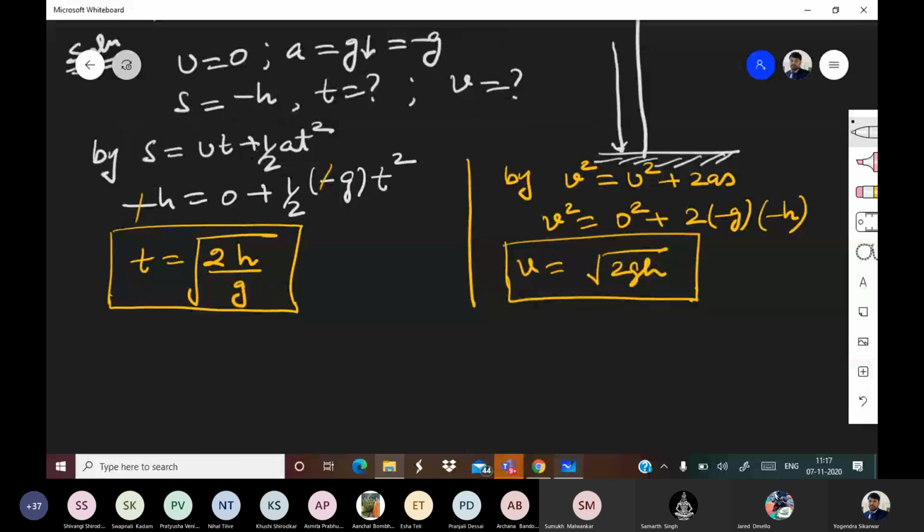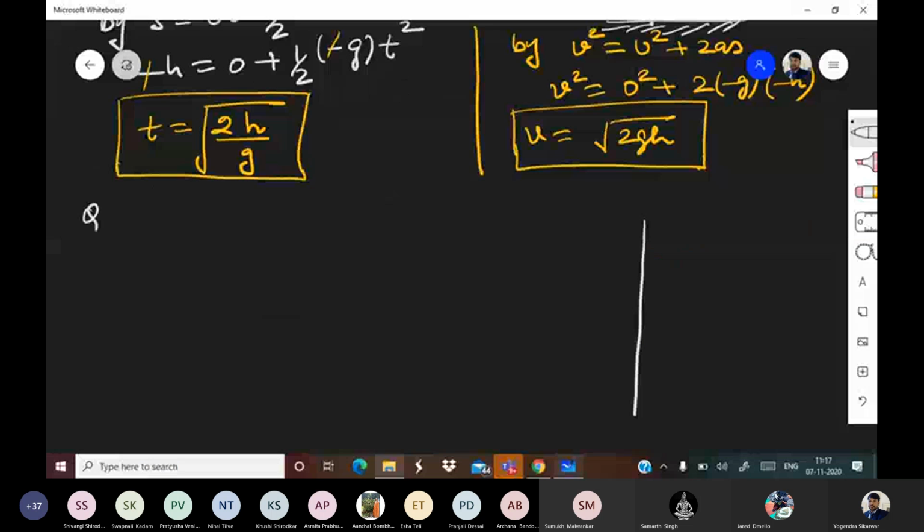Question. So this is a building of height 125 meters and a ball has been dropped.